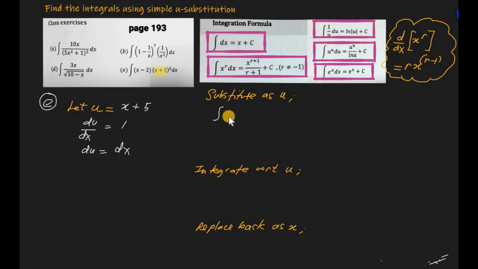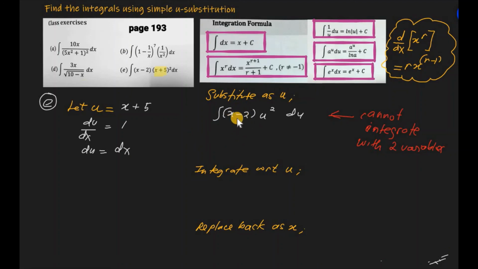As we substitute, we have x minus 2, and here we have u, and the dx is du. So can we integrate? No, you cannot integrate. Why cannot? You cannot integrate because you have 2 variables. There's still an x over there. You need to replace the x. So we cannot integrate.